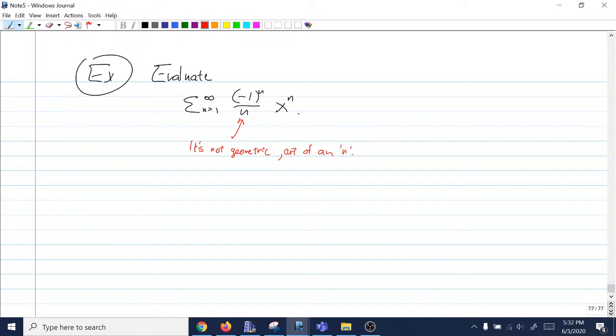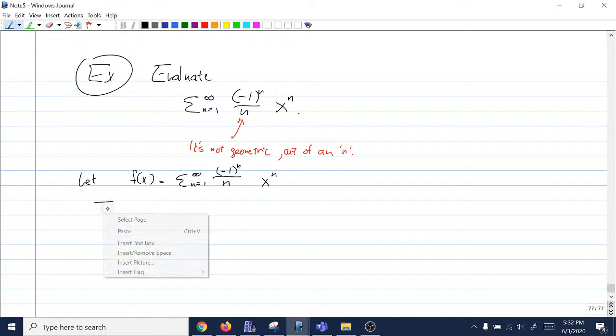What do I do to get rid of that n? If I took the derivative of this, taking the derivative of x to the n will stick an n out front, and that'll cancel with the n out there. I don't want that n out there, that's perfect.